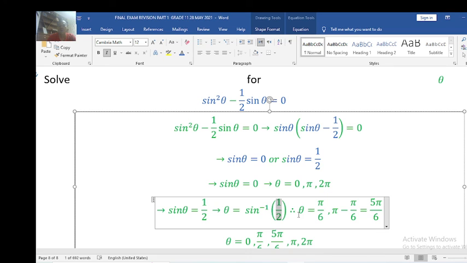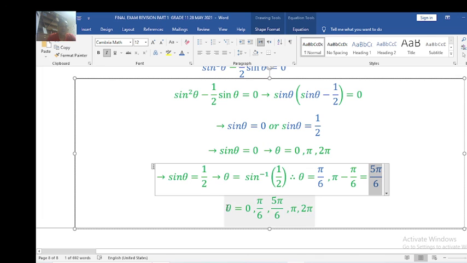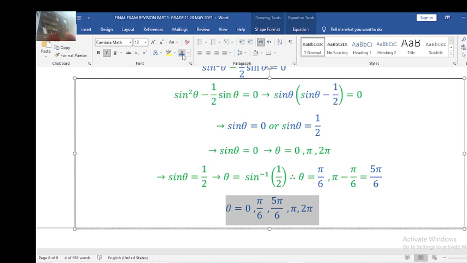So here we have two angles, pi over 6 and 5 pi over 6. These angles lie between 0 and 2 pi, or 0 and 360. Therefore theta is 0, pi over 6, 5 pi over 6, pi, or 2 pi. This is the solution set of your trigonometric equation.